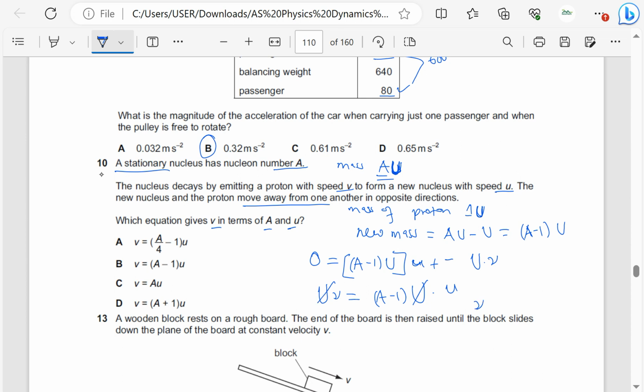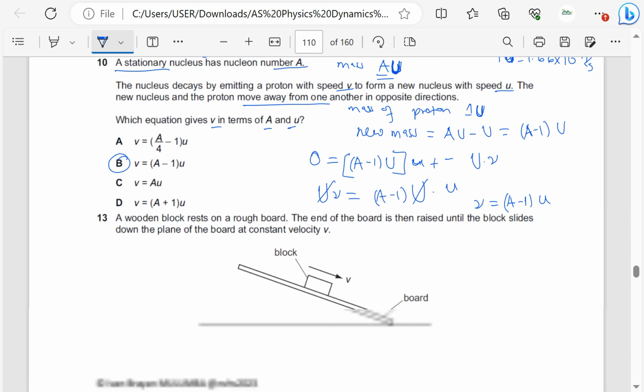So you notice that v is going to be A minus 1 into small u, which makes the answer to be B. Okay. So this brought in the concepts of particle physics anyway. So remember, 1 u is 1.66 times 10 power minus 27 kilograms. That is 1 capital U, which is the unified atomic mass unit.